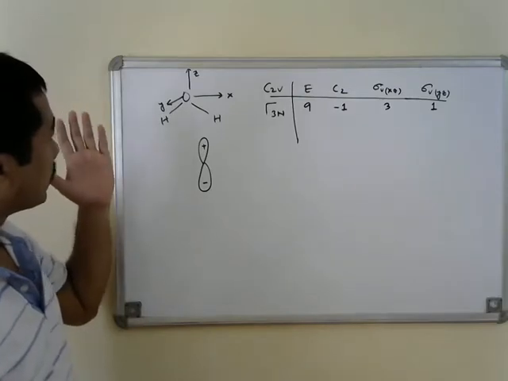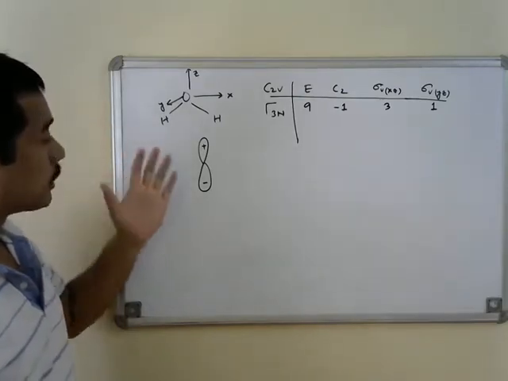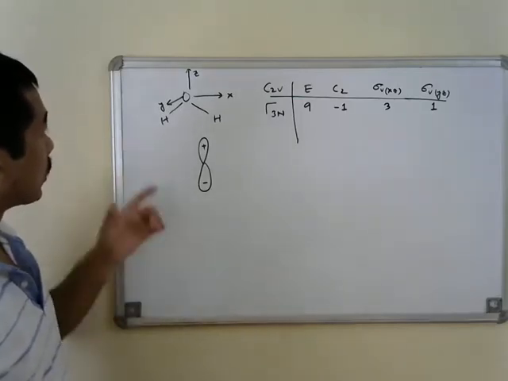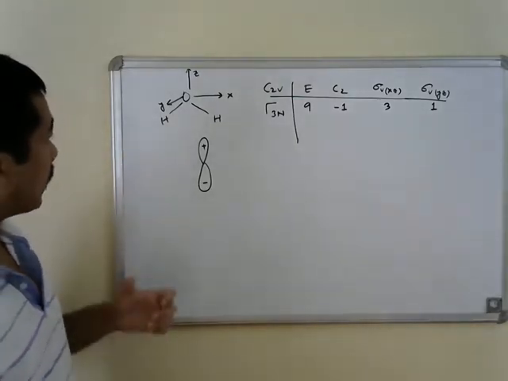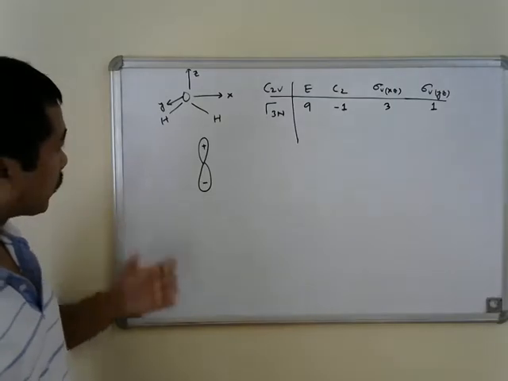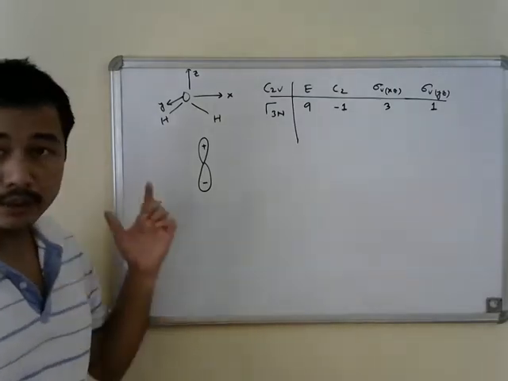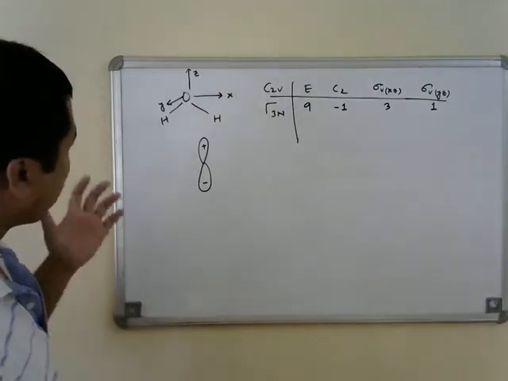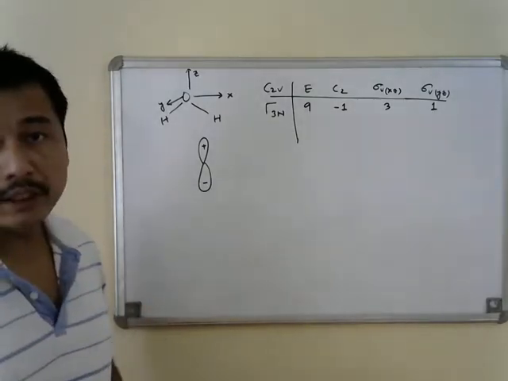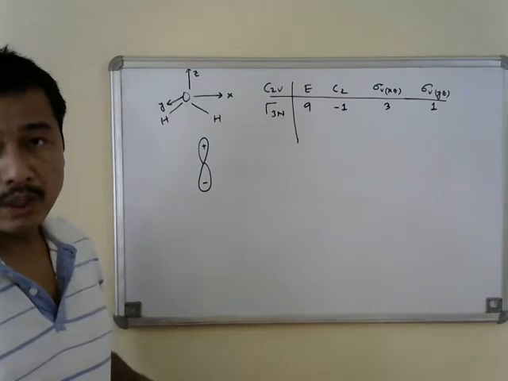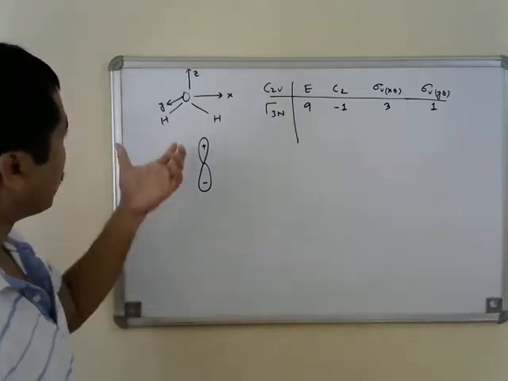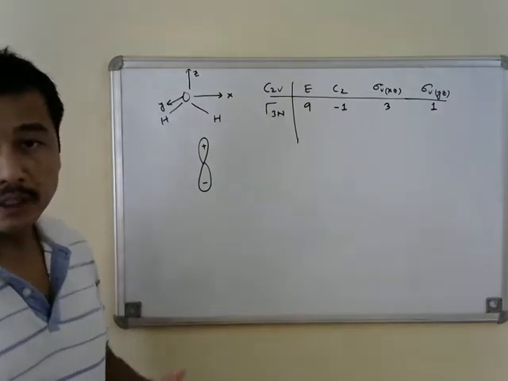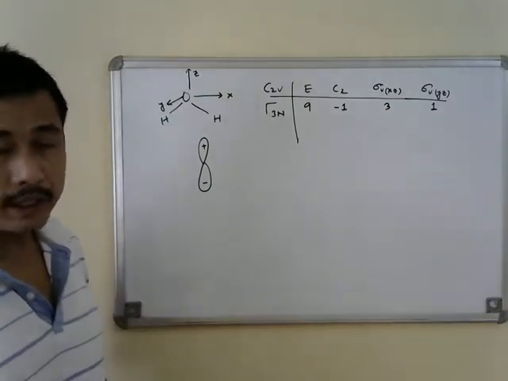So the representation that we are going to get by considering Cartesian coordinates on the oxygen atom as the basis will be the same representation that we get by considering the p orbitals on the oxygen atom as the basis. We can also get the same representation if we consider the translational modes of the molecule as the basis, because the translational modes are translations along the x, y, or z axis.